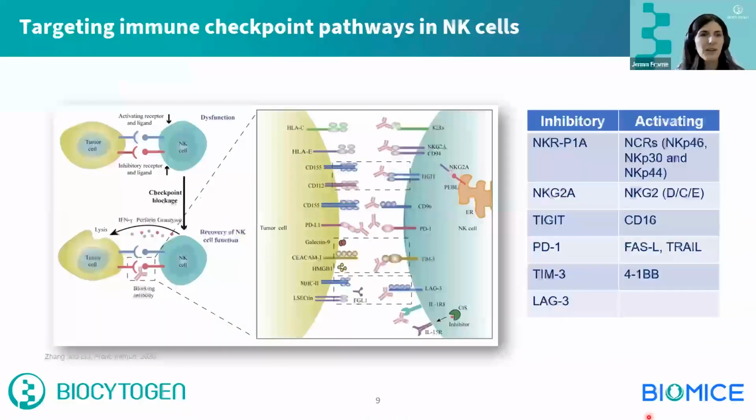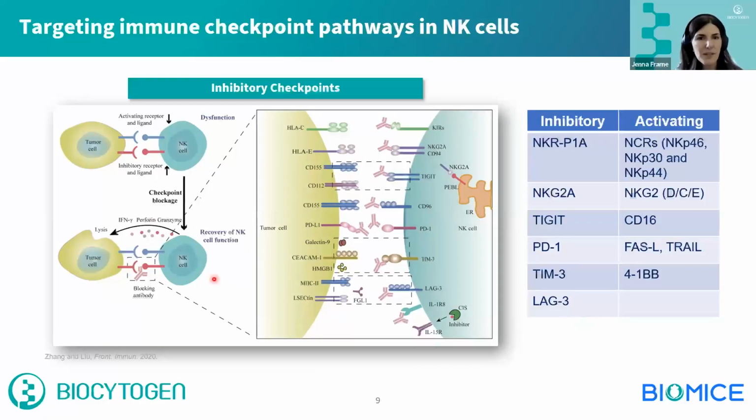And just to illustrate that in a little bit more detail, this slide highlights a short list of the popular immune checkpoints and receptors that can be targeted on NK cells. So in this example, targeting the inhibitory checkpoints or a combination of these checkpoints can help to prevent NK cell dysfunction and promote their activation. And these are summarized here as a list of the inhibitory checkpoints.